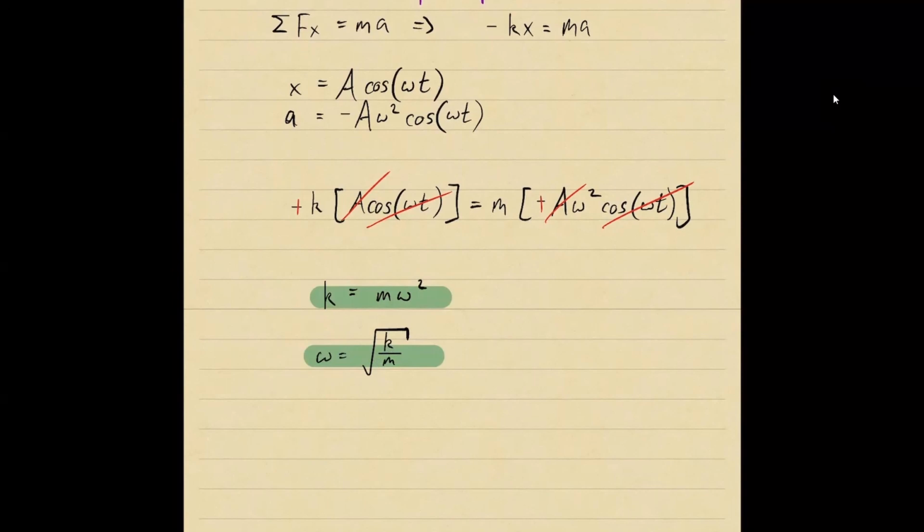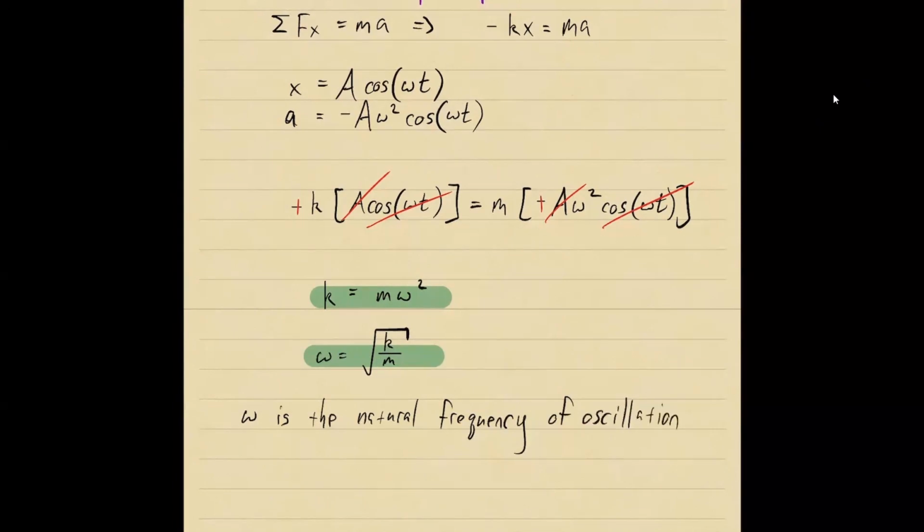So here, omega is the natural frequency of oscillation for our spring, right?